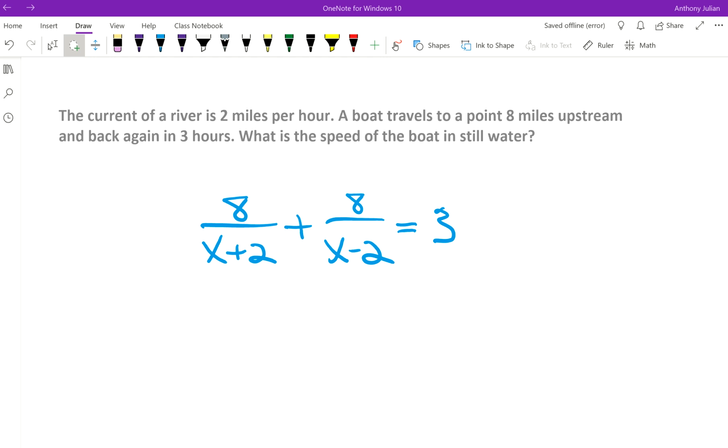So here's where we're at in the problem. Let's get our denominators to be the same. This is really over 1, and this 3 is over 1, so make sure we remember that's a 3. This x plus 2, I'm going to multiply by x minus 2, top and bottom. The x minus 2, I'm going to multiply top and bottom by x plus 2.